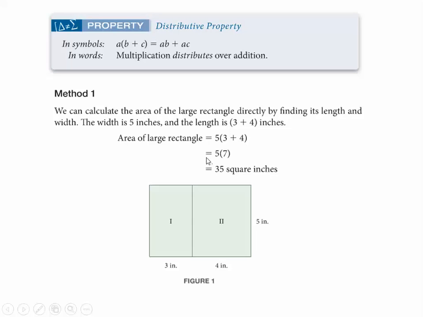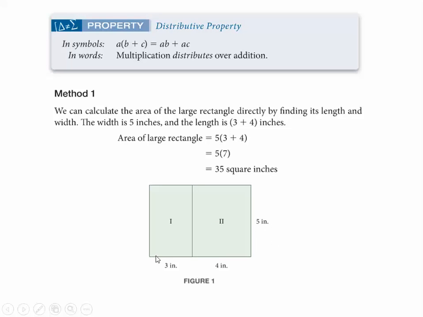Just a quick illustration geometrically, how does this work? Say you have a rectangle here. One rectangle is 3 inches across, 5 inches high, and the second rectangle is 4 inches across and 5 inches high.